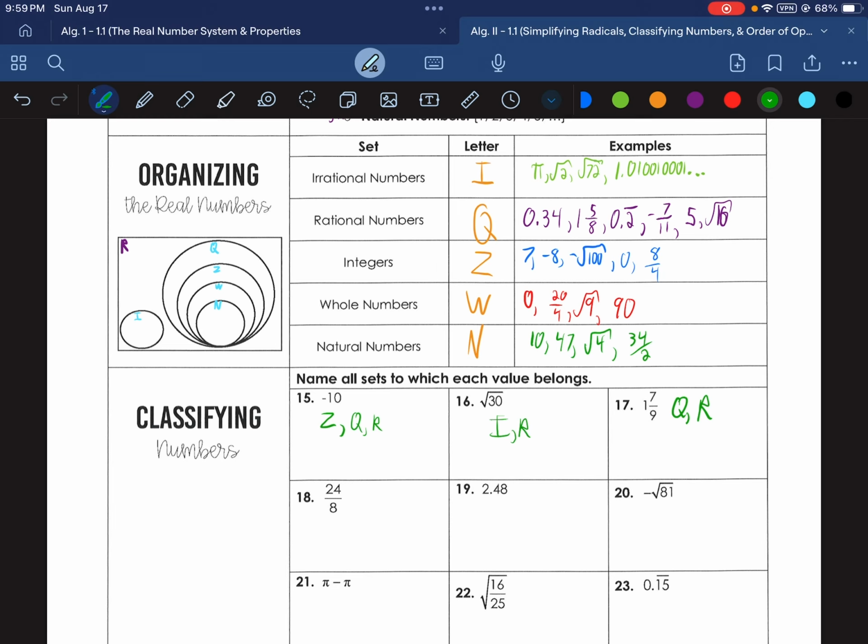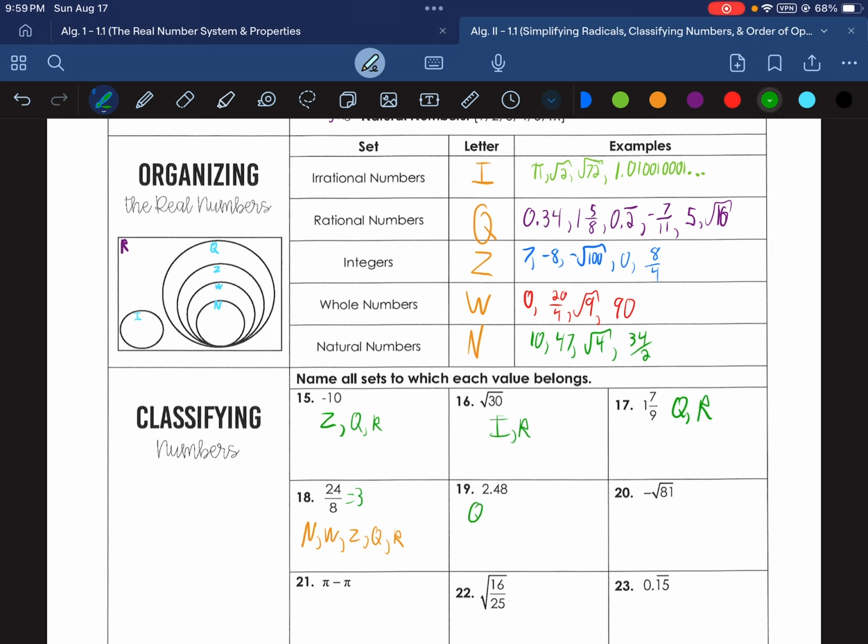And because it's rational, it's still real numbers. Spoiler alert, every number we'll work with today will also be real numbers, so you should be writing R in each of these boxes. 18, 24/8, it's a fraction, so we might think, hey, rational. However, that reduces to 3. So not only is it rational, but more specifically, it's natural, whole, an integer, and rational, as well as real.